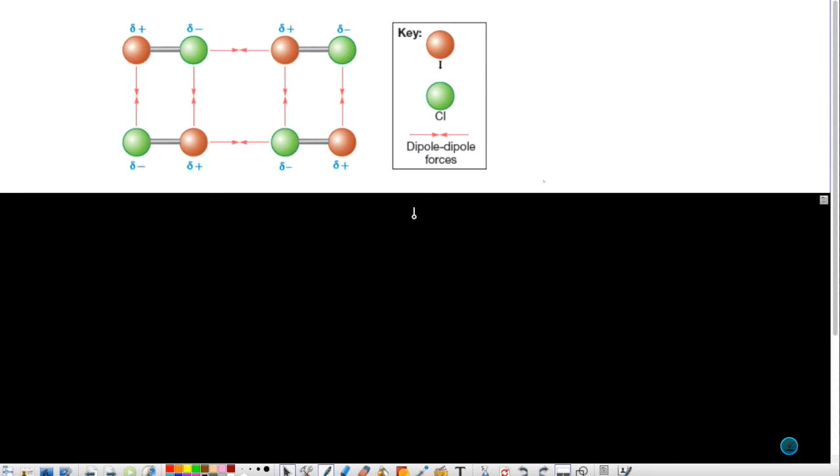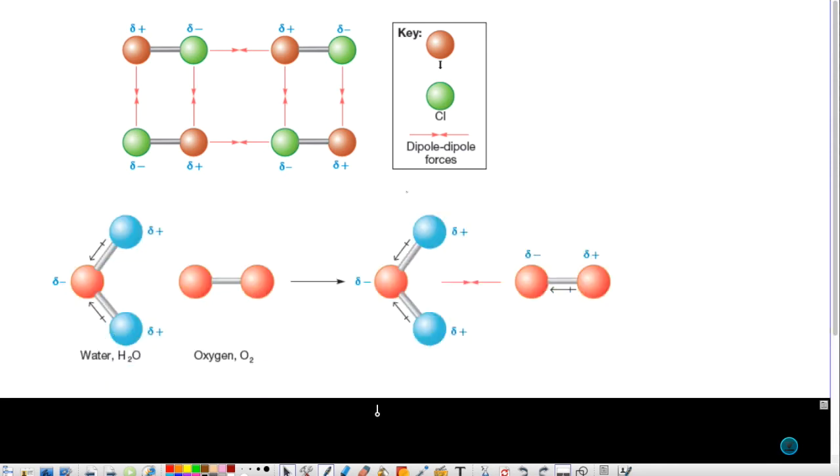Well, what happens if you have a molecule like water and it runs into a molecule like oxygen, okay? Well, we know that water has a pretty strong bond dipole, right? So this whole side, this whole area of water has a sort of positive charge, okay?